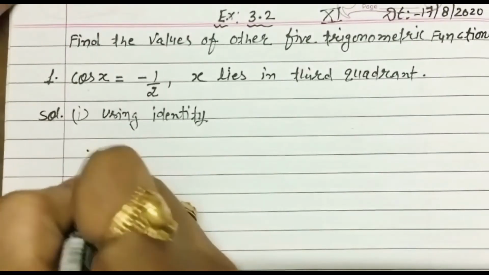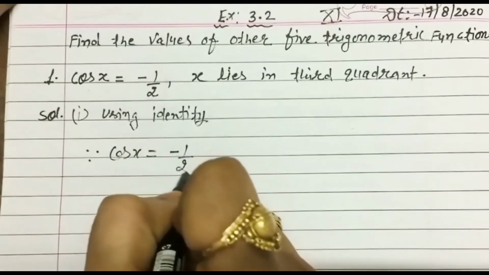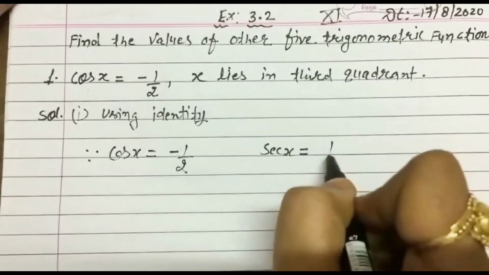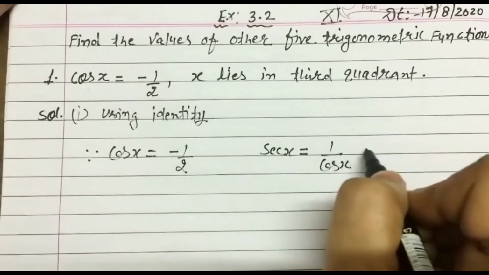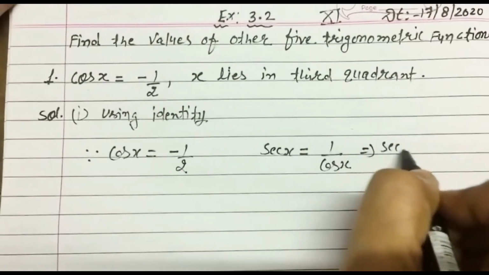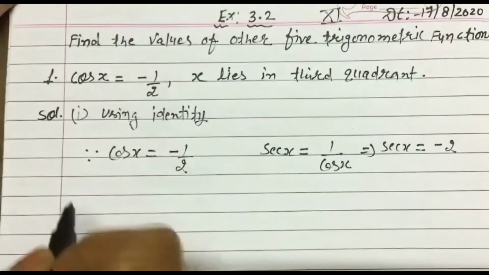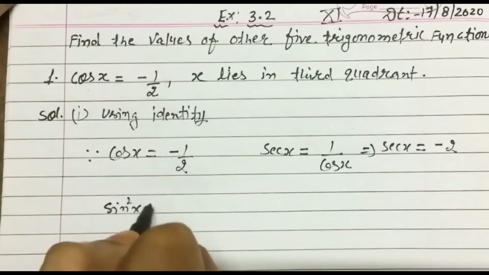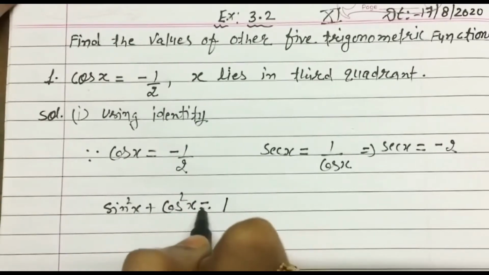So here cos x is given as minus 1 by 2. You all know that sec x is the reciprocal of cos x, so sec x is minus 2. Now next, sin square x plus cos square x is equal to 1.